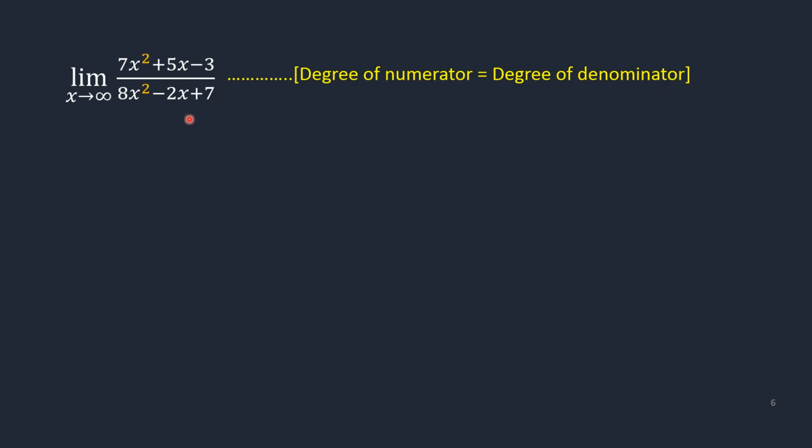Now, in order to solve this limit, we will solve this first by the traditional method and then solve it by a shortcut method. For the traditional method, we have to divide numerator and denominator by the highest power terms in the function. Here, in this function, the highest powered x term is x squared.